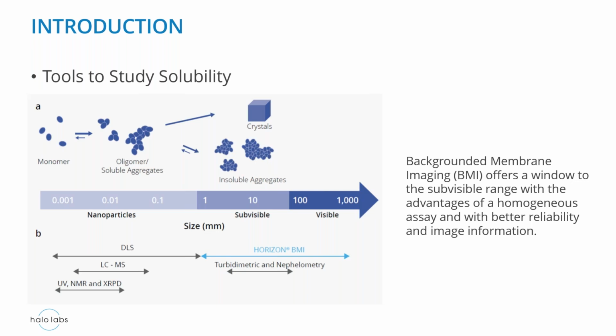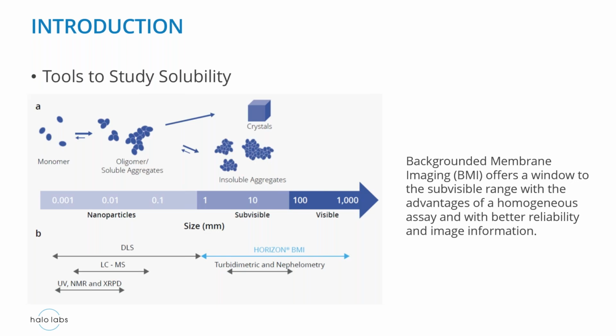But not everything that looks transparent, not everything that looks clear is free of aggregates. And that's why people have invested a lot of money and resources trying to find ways to better observe and characterize these aggregates.